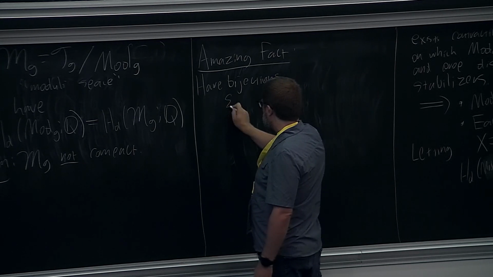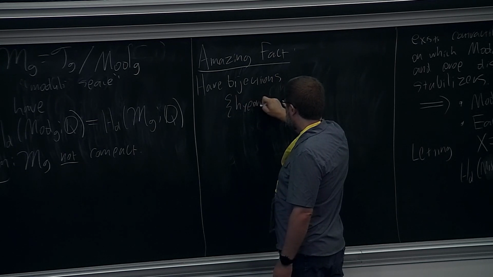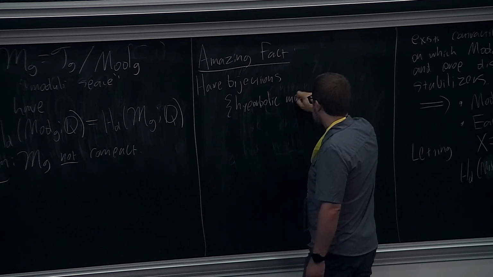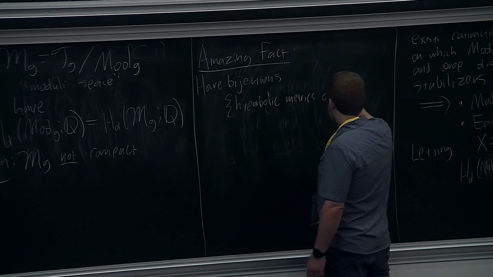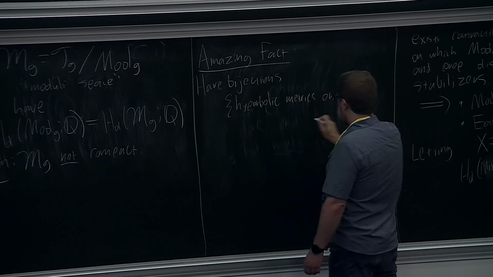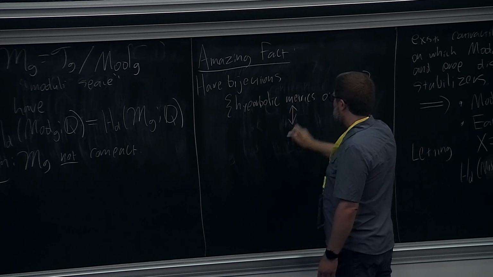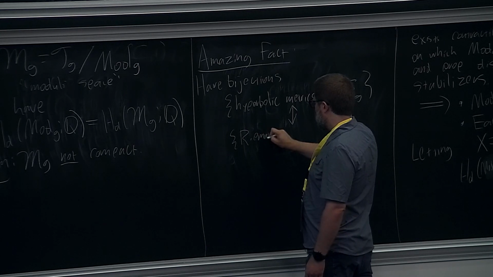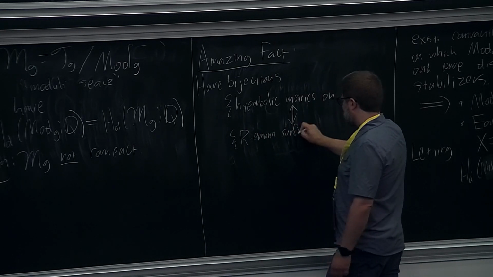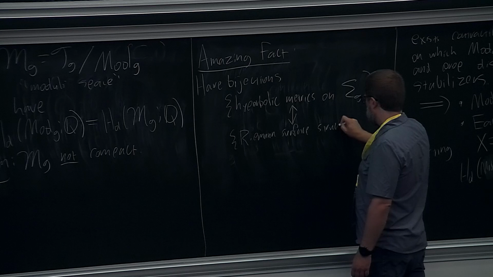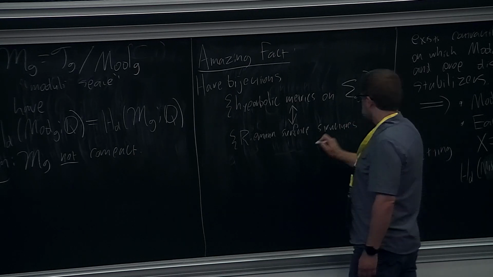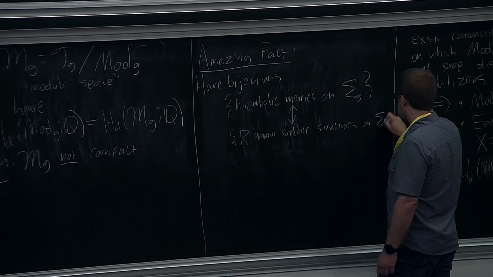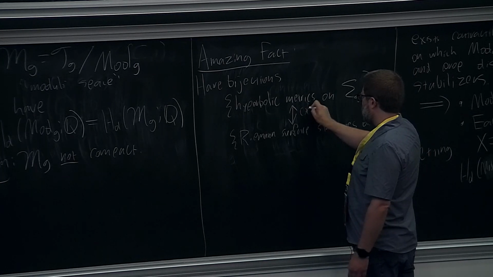In the first thing, we have hyperbolic metrics on sigma g. Those are the same thing as Riemann surface structures on sigma g. Let me say why that is right here.